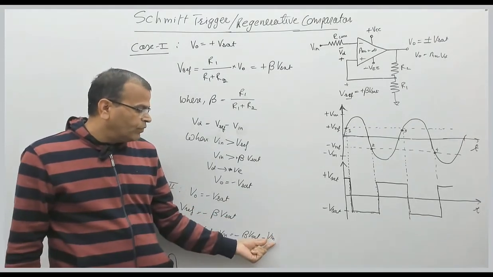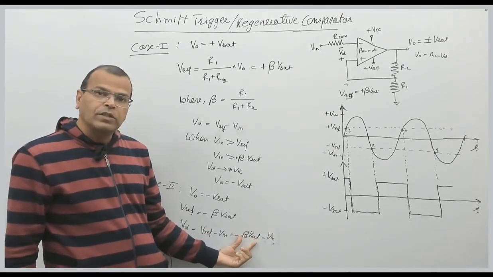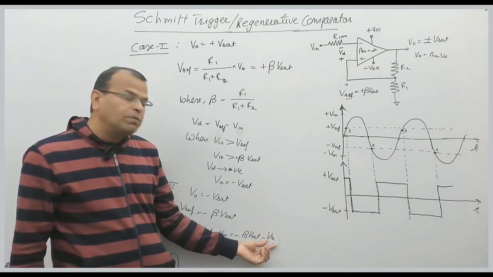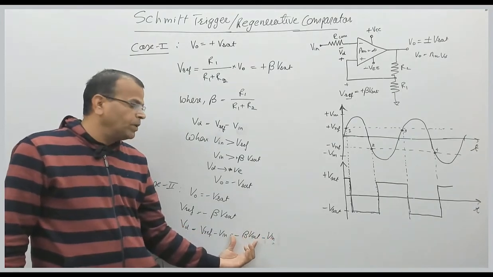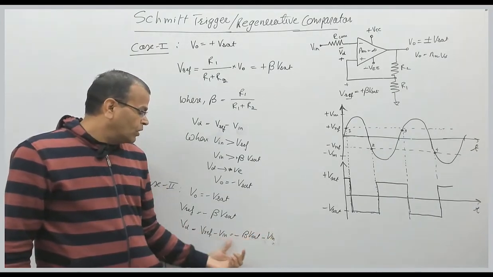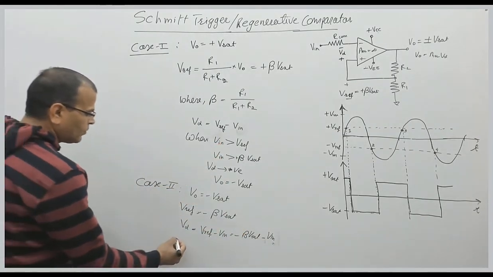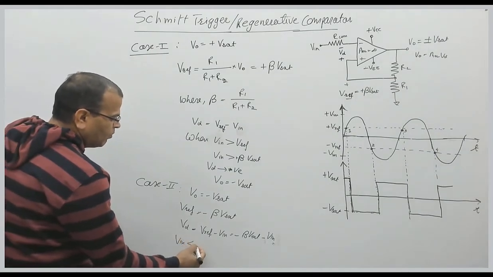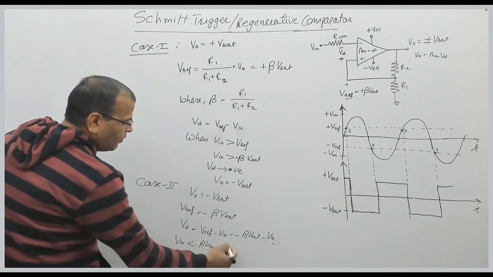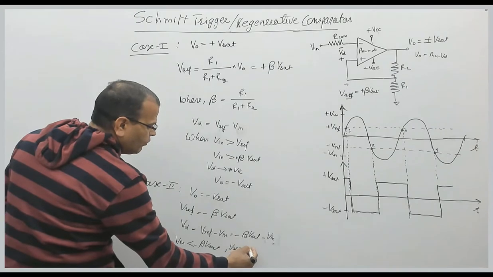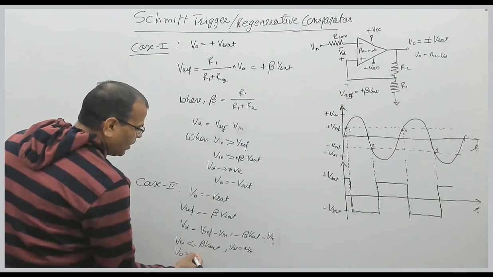But the moment this Vin becomes more negative than this term, this complete term becomes positive. So when input voltage becomes more negative than beta into V set, Vd becomes positive, and when Vd is positive, output voltage will be plus V set.